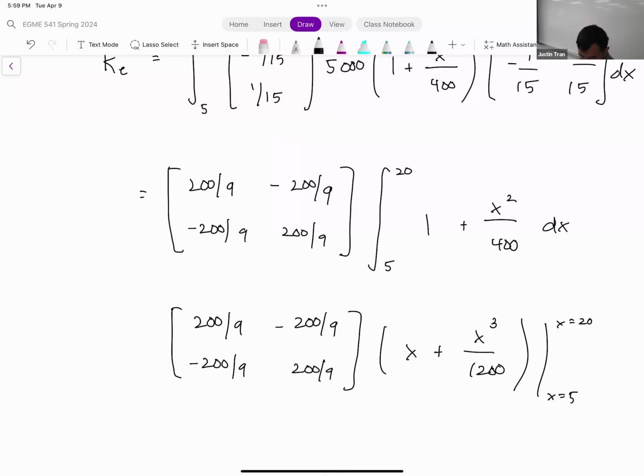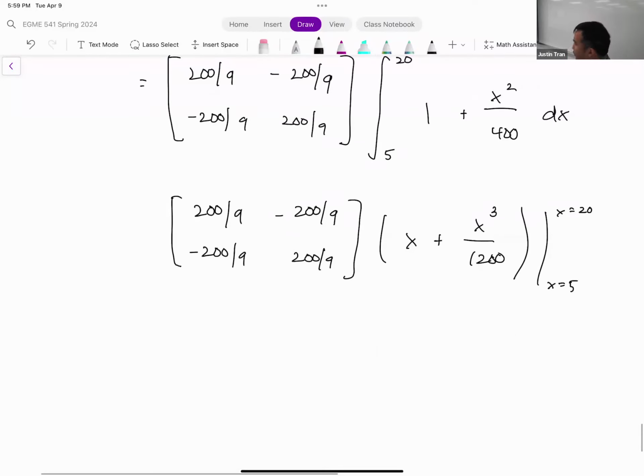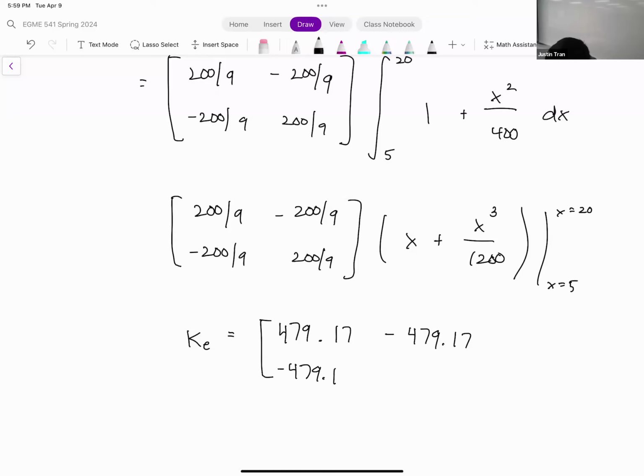If we evaluate that, that just ends up being a constant that we're going to multiply all throughout. And so our element stiffness matrix for the second element is going to be 479.17, minus 479.17, minus 479.17, 479.17.